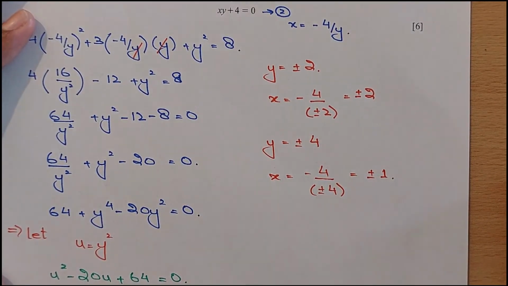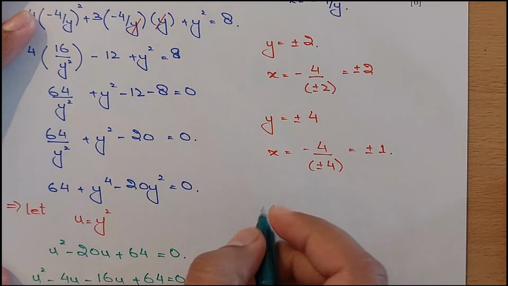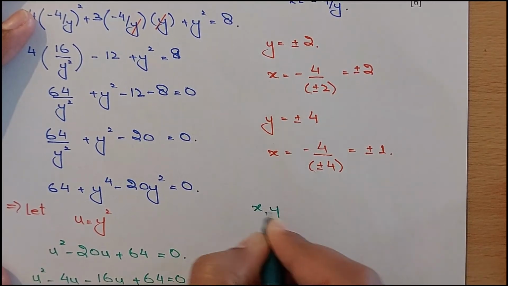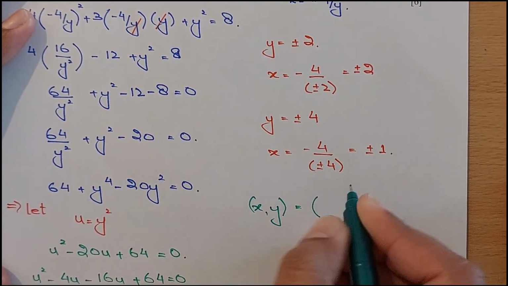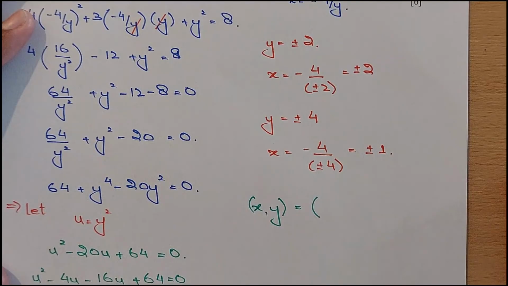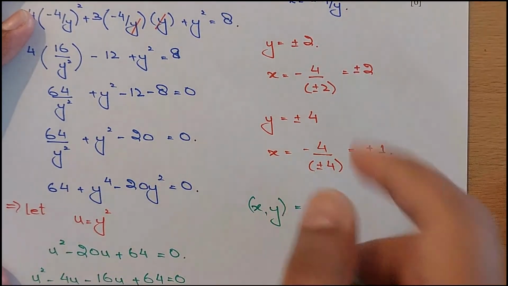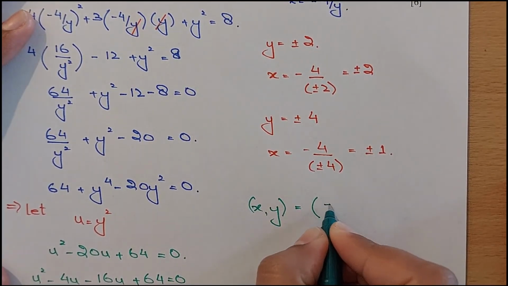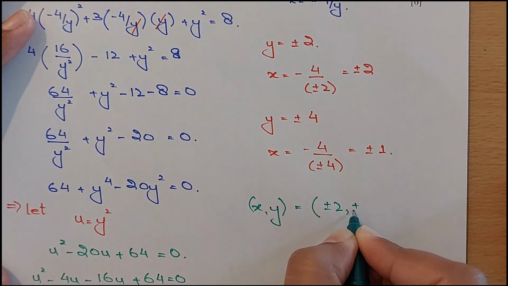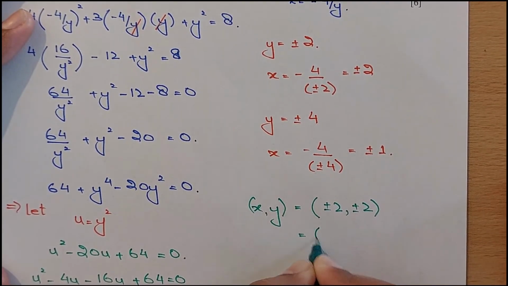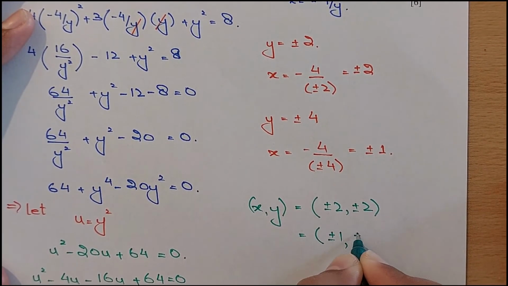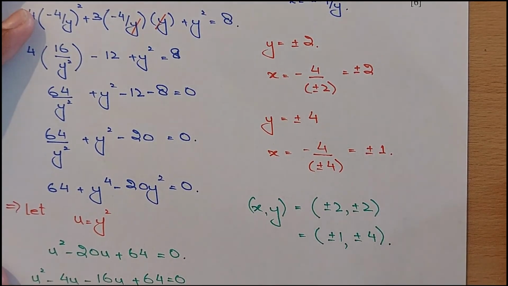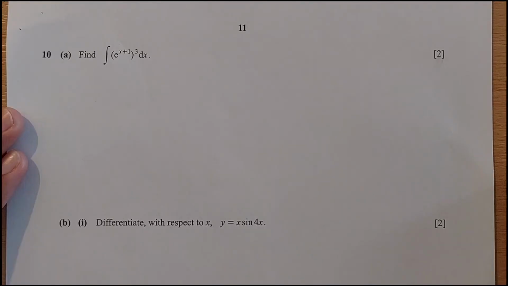So we have 4 values for x and 4 values for y. So when y is plus minus 2, x is plus minus 2, and we have plus minus 1 when y is plus minus 4. So these are the values for x and y.